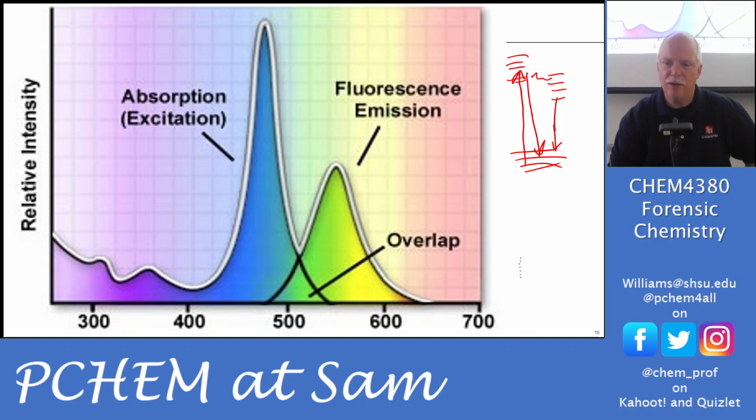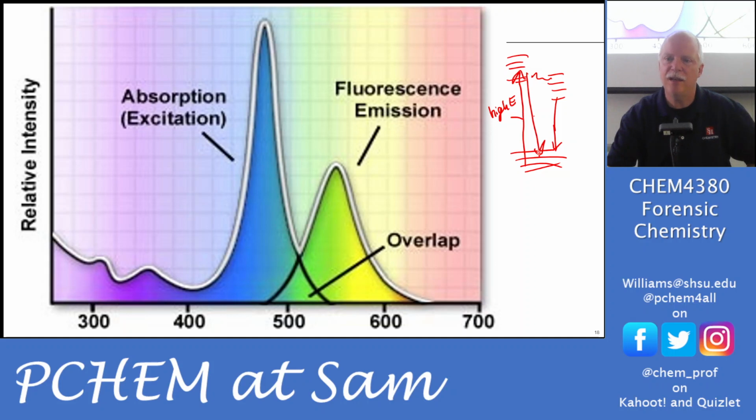And let me draw this a little bit more accurately. Well, I got it pretty well done here. So the fluorescence starts with molecules in the ground state. So this arrow is long, or let me say high energy. And notice this arrow is smaller.